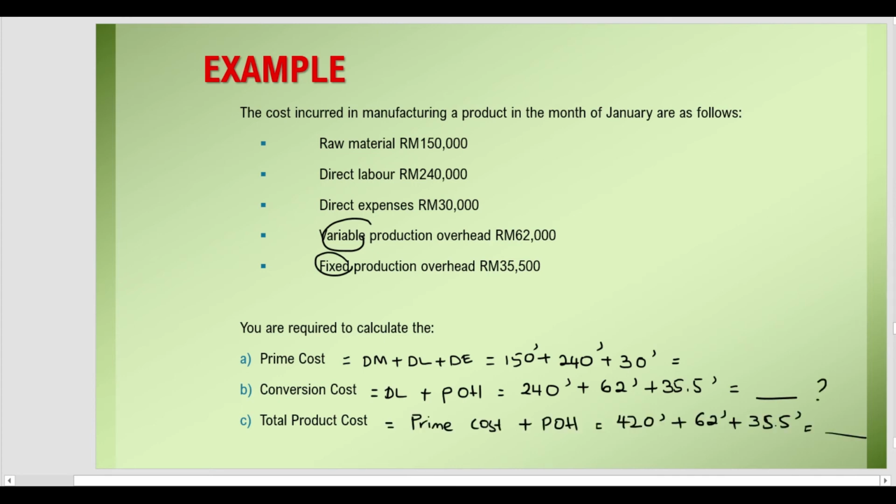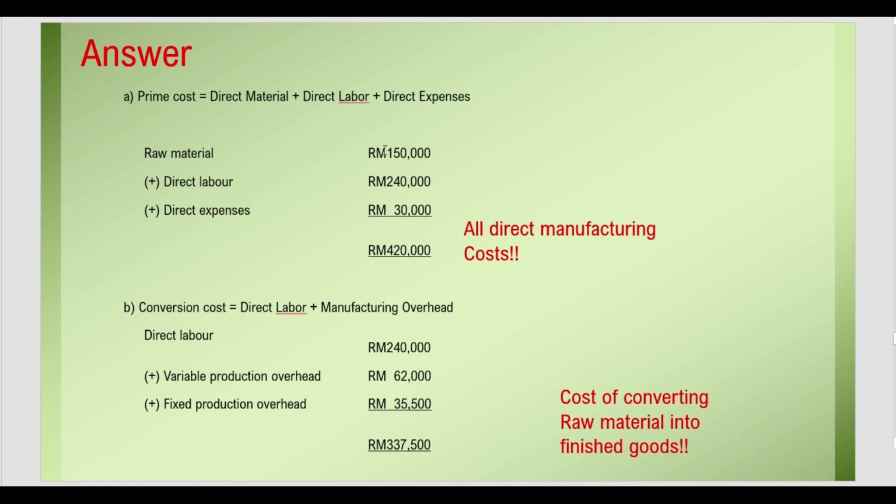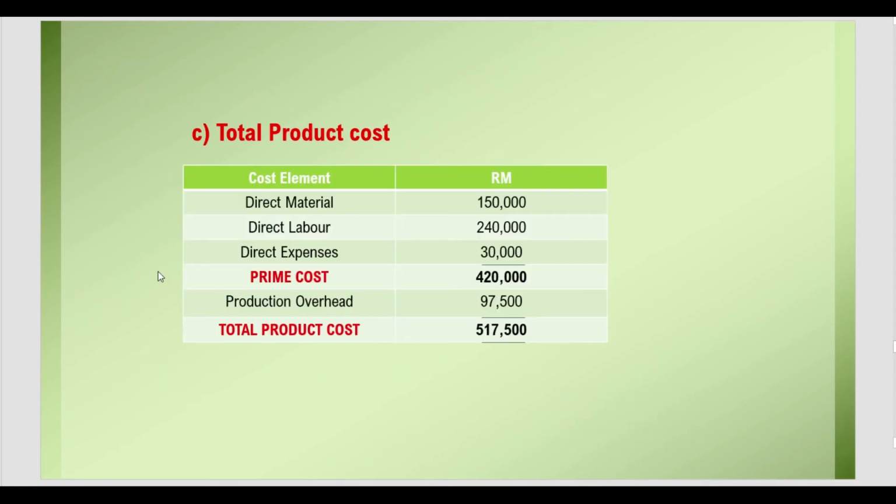Total product cost equals prime cost plus production overhead. So the prime cost we calculated earlier, which is 420,000, plus 62,000 plus 35,500. So let's look at the answer. Prime cost, conversion cost, product cost.